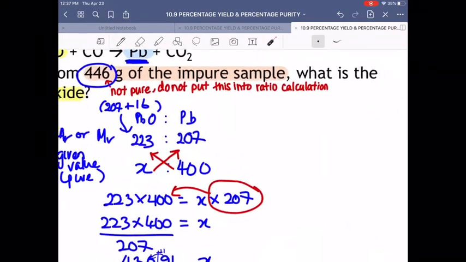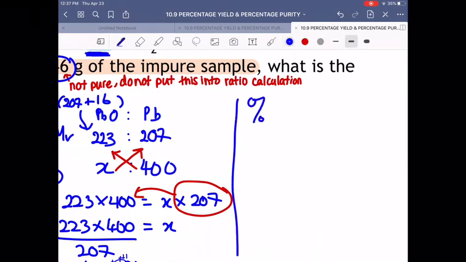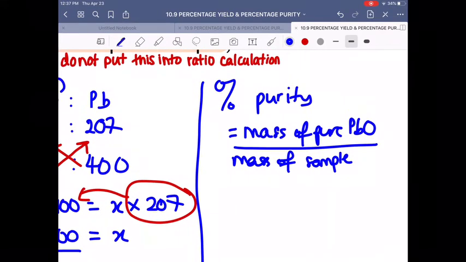So how do we calculate the percentage purity? Percentage purity is equal to the mass of the pure PbO divided by the mass of the sample, which is the impure sample, then times 100.